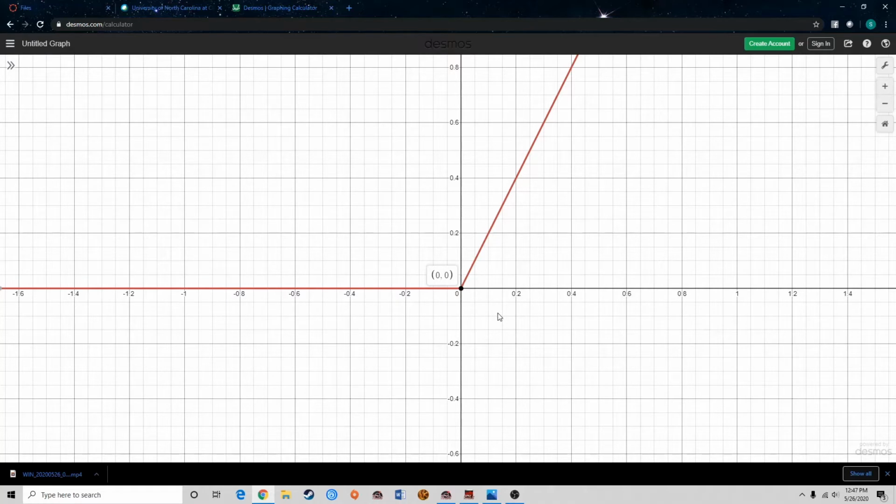So the whole point of this graph and showing you what this looks like is to really get at, what is the point of piecewise functions? And that is to be able to take different functions that maybe graphically look different and stitch them together at any number of points that you may want to have them connected.